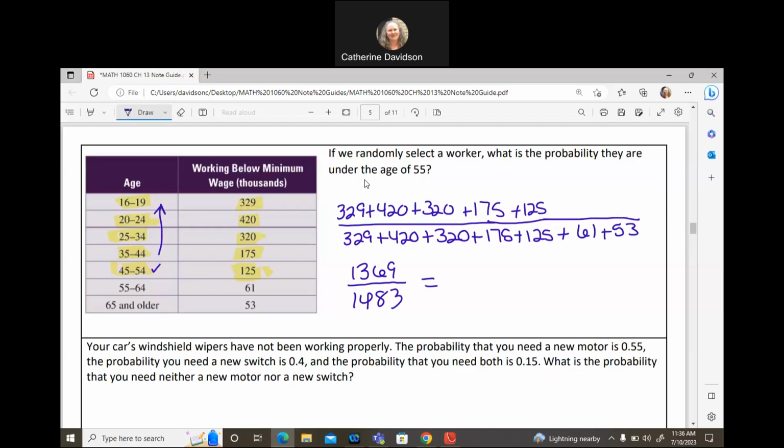And I am going to convert this to decimal. I just like two decimal places again to see how many they want. So 92% of the workers are below the age of 55.